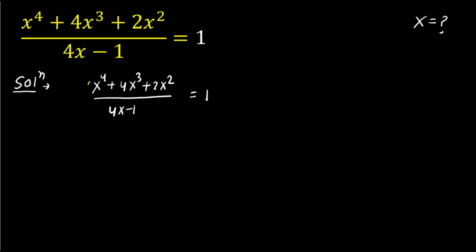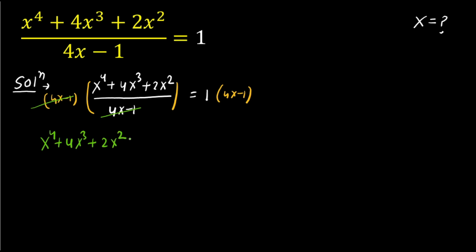If we multiply both sides by 4x − 1, then the 4x − 1 cancels out. Then x⁴ + 4x³ + 2x² equals 1 multiplied by 4x − 1, and the expression is not changed, so it is 4x − 1.